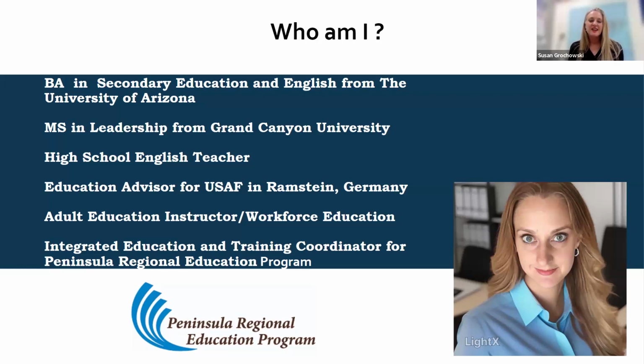And then I moved to Germany and became an education advisor for the US Air Force in Ramstein, Germany. And then when I got to Virginia, I transitioned into the world of adult education, first as an instructor, mainly in workforce education. And then about a little over a year ago, I transitioned into my current role as the Integrated Education and Training Coordinator for PrEP.